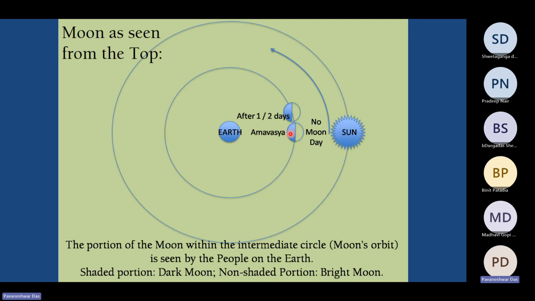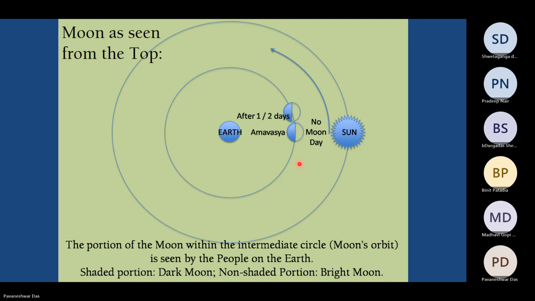In a day, the sun and moon both make one circle, so after some 6 hours the moon will come here, and people will see from here. Then 6 hours later the moon will come here, and people will see from here, like that. But on that day both travel together. Throughout the day this part of the moon is bright and this part is dark, so we see only the dark portion. Since it is in front of the sun, the brightness is so much that we can't see any black object in front of us. That's why we don't see any moon on the Amavasya day.